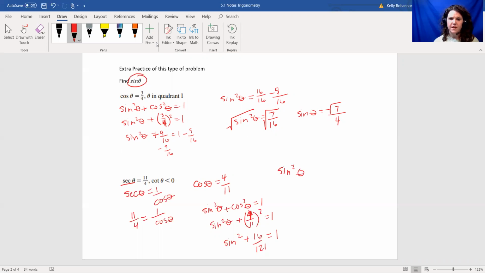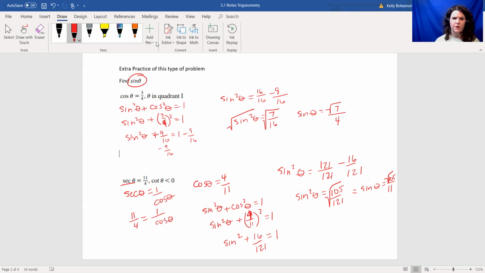Sine squared theta equals 121/121 minus 16/121. That's sine squared theta equals 105/121. Take the square root, and I get sine theta equals square root 105/11.